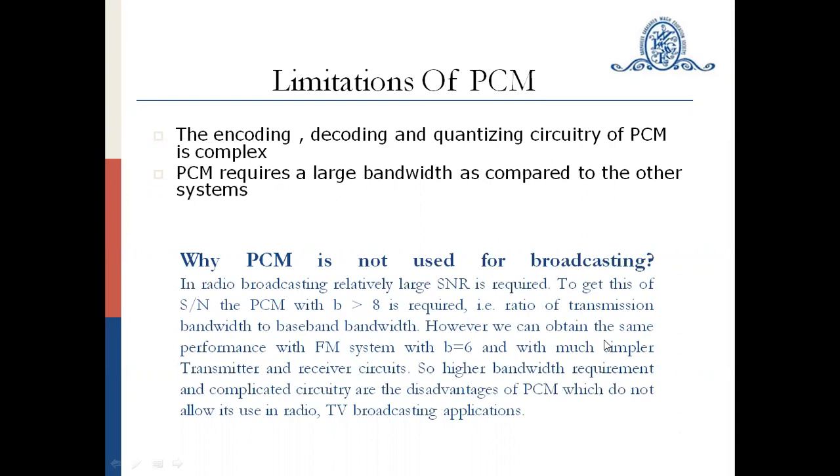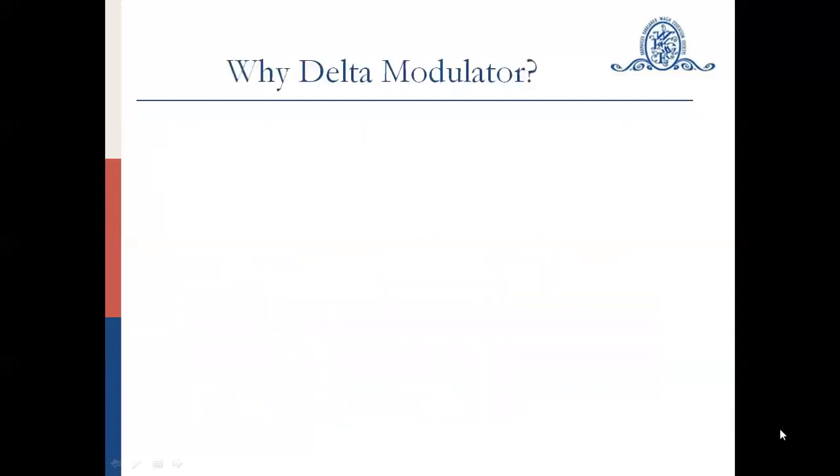We can obtain the same performance with an FM system with B equal to 6 and with much simpler transmitter and receiver circuits. So higher bandwidth requirement and complicated circuitry are the two disadvantages of PCM, which do not allow us to use it in TV broadcasting applications.